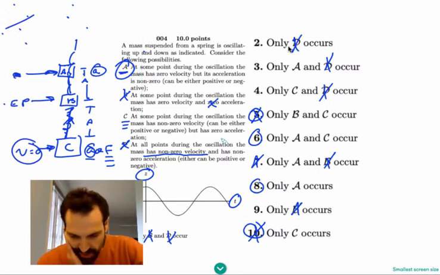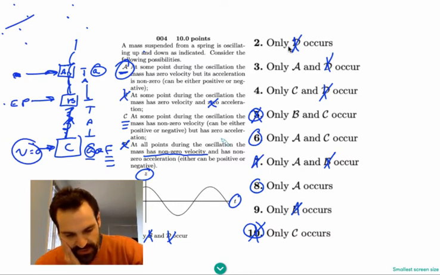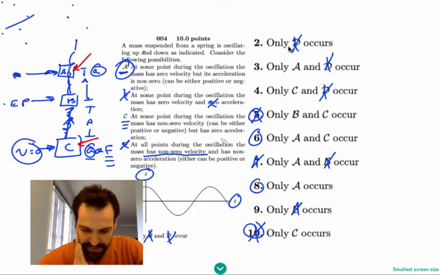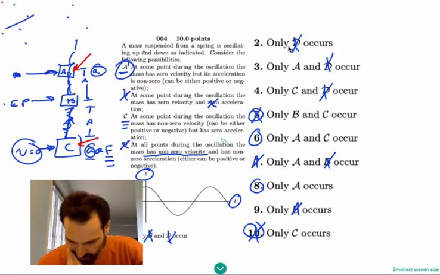At some point during the oscillation, it has non-zero velocity. So that's anywhere other than A or C, because those 2 points have zero velocity, but non-zero acceleration.